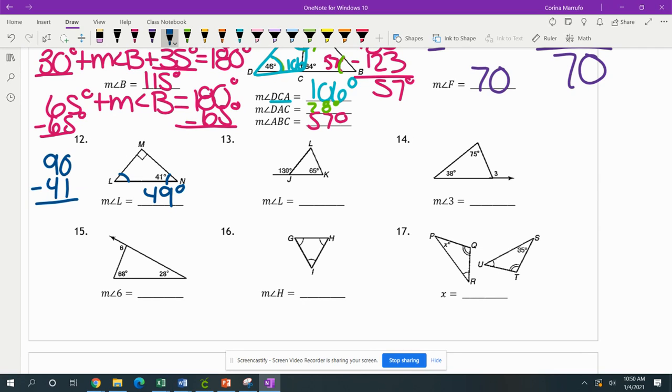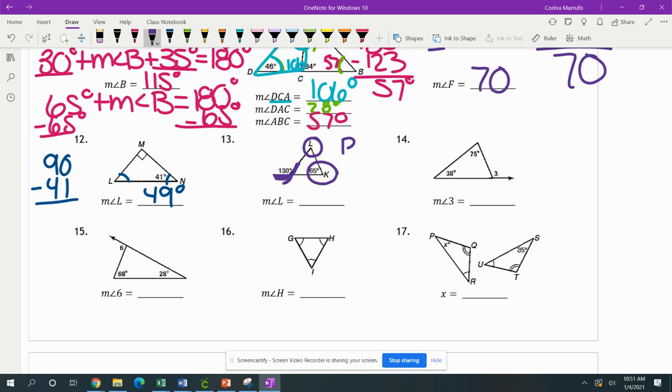Okay. All right. The next one is going to be our exterior angle theorem. So this is my exterior angle. Okay. The exterior angle should add up to the two opposite angles. The two opposite angles are L and K because J's right here, that's not the opposite.